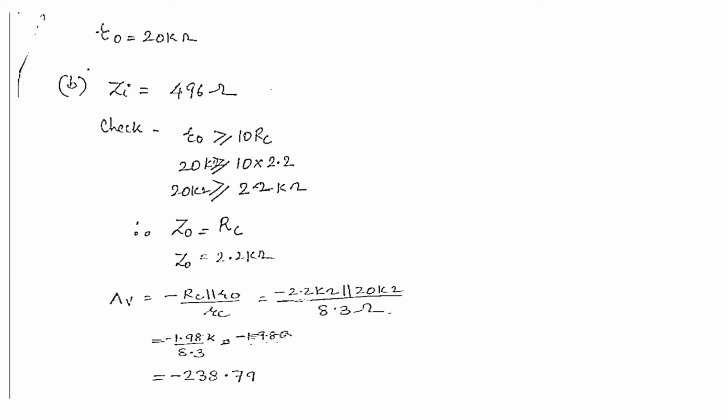But the gain will change. When R0 was 40k, the gain observed was very low, but when R0 is brought down, the gain will increase.